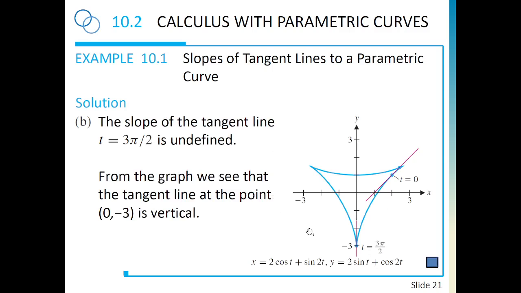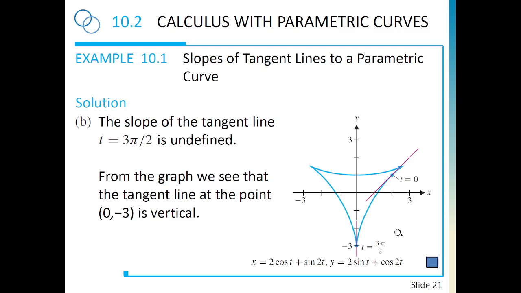So indeed, from the graph we see that the point (0, -3), if we are on this branch, the slope will be negative and then decreasing towards minus infinity, and if we are on this branch, the slope is positive and increasing to plus infinity. So that's why we had a problem computing the slope here, because we have an issue with the corner.